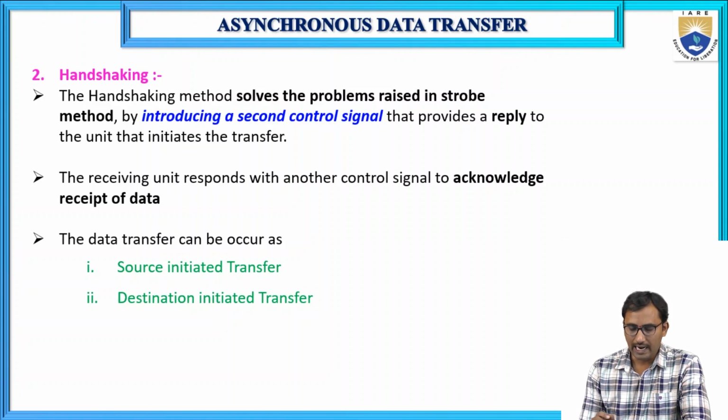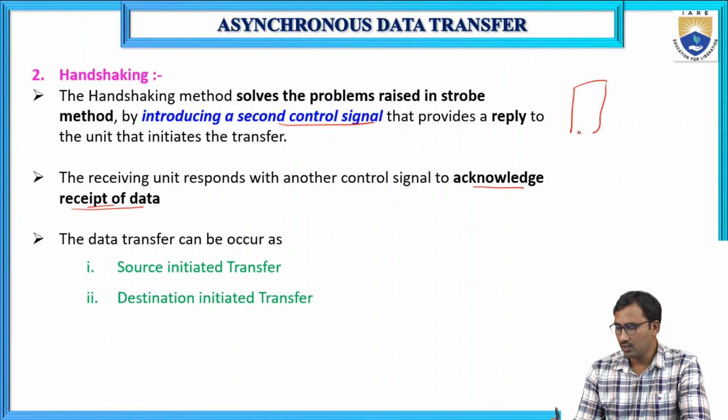In handshaking, the receiving unit responds with another control signal to acknowledge the receipt of the data. That means the handshaking method solves the problem raised in the strobe method by introducing a second control signal. That second control signal is the acknowledgement. So this is the source unit, this is the destination unit. Suppose the source unit sends the data to the destination unit.